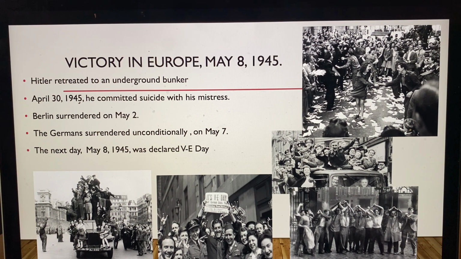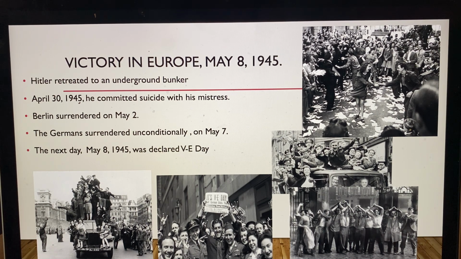So the next day, May 8th, 1945, was declared VE Day, which means Victory in Europe. And indeed, there was great celebration, as you see in these pictures, all over the world, celebrating that now Hitler was gone, and basically the war had been won by the Allies, and they were so ecstatically happy, even though they had lost many soldiers, especially in Europe.